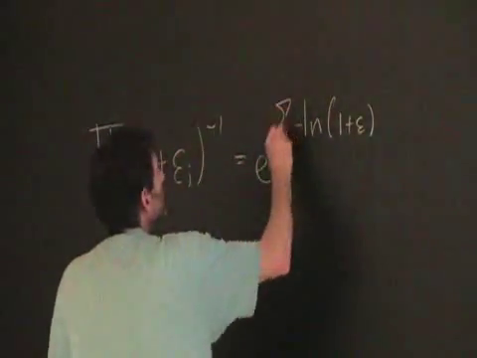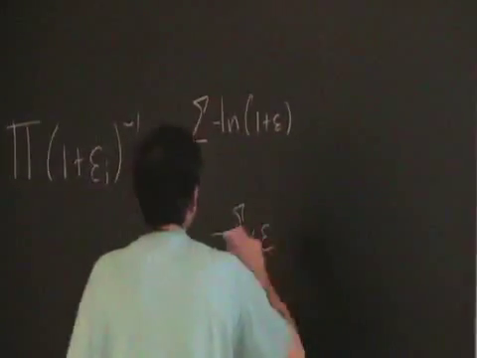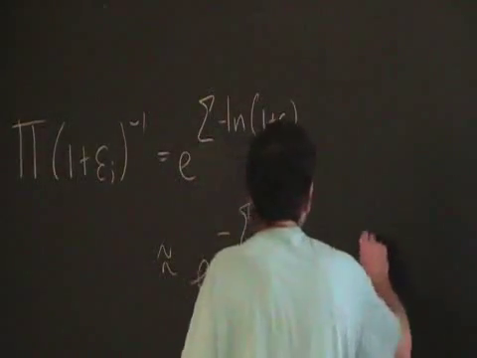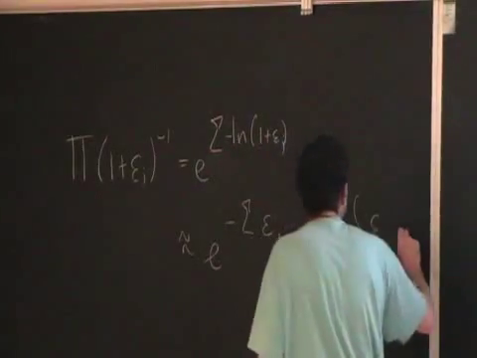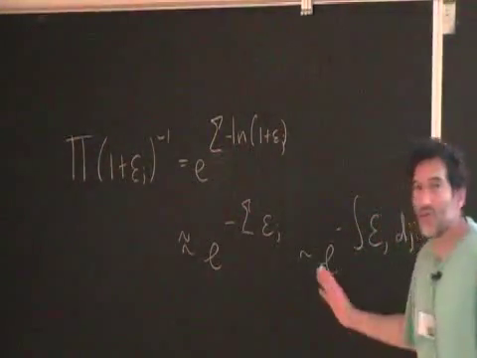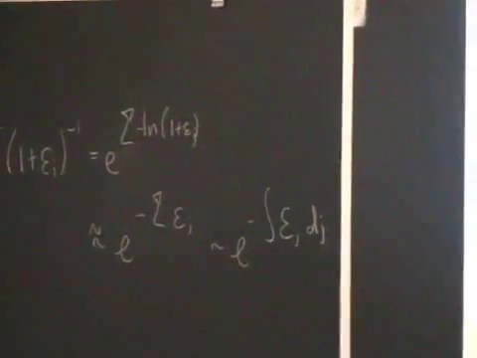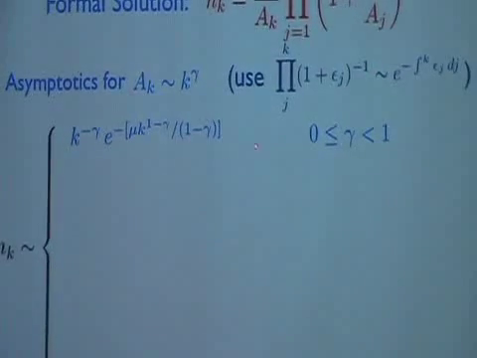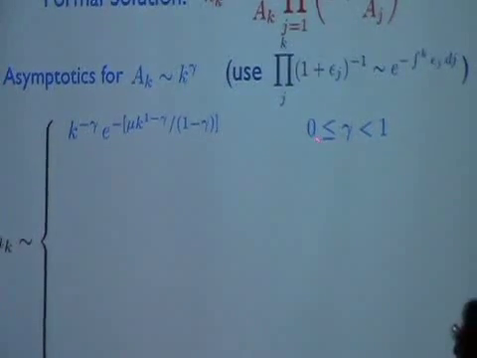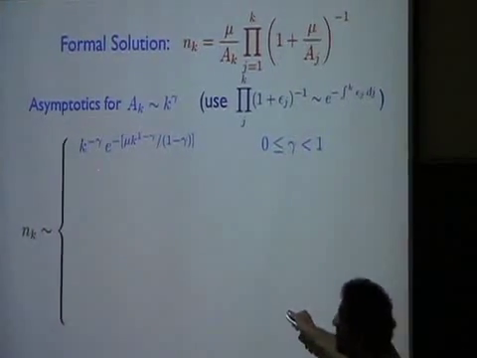And the product will be this, which I'll then write as e to the minus summation of epsilon_j, and then I write this as e to the minus integral of epsilon_j. So if you haven't used this little trick, learn it because it's so handy for these sorts of things. So I'm just using that, and given the fact that I know what h_j is, it's just a power law, with very simple, straightforward algebra, you will find that for gamma above 0 and less than 1, one gets a stretched exponential decay.